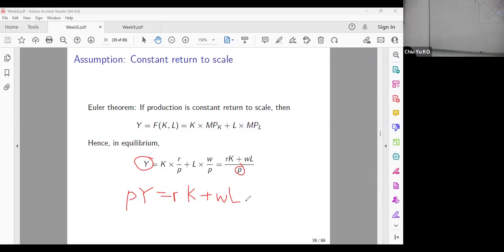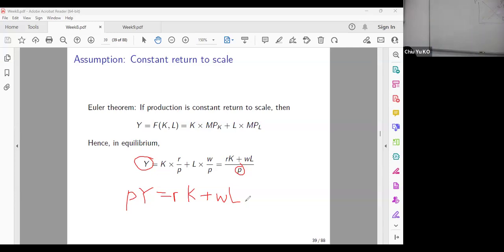It means that the GDP would be received either by the capitalist or the labor. That's the model. There is no profit in the system, of course, because of perfect competition. That is a fundamental result in this model: there's no profit earned by the firm.